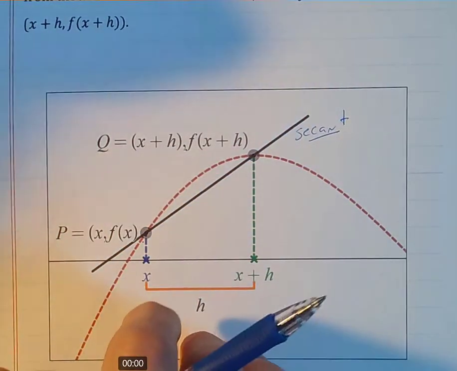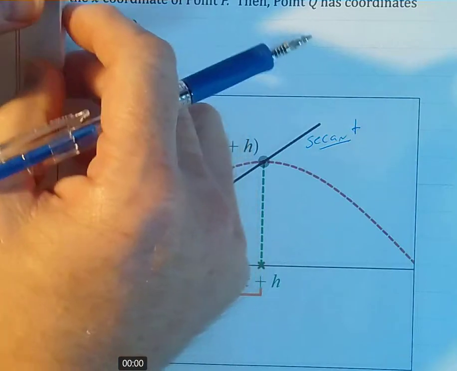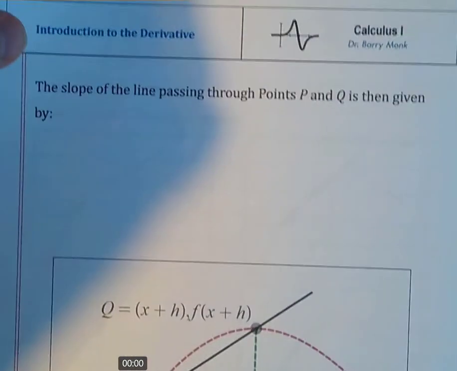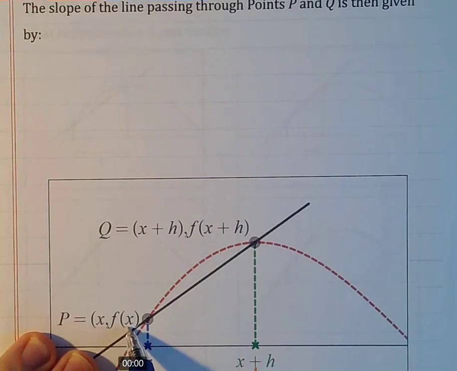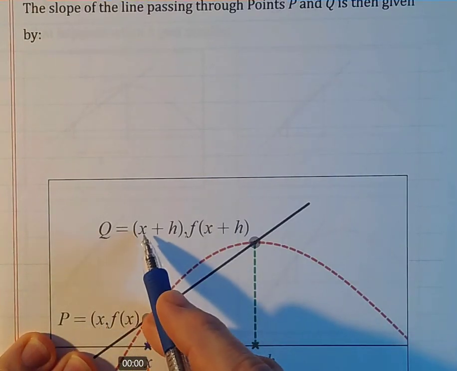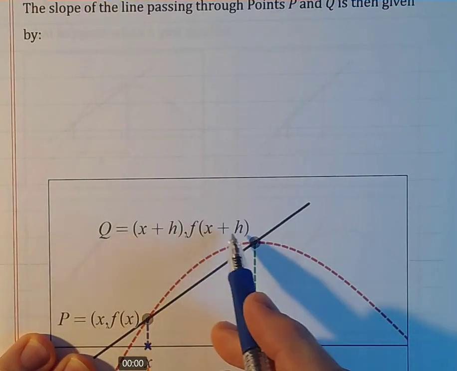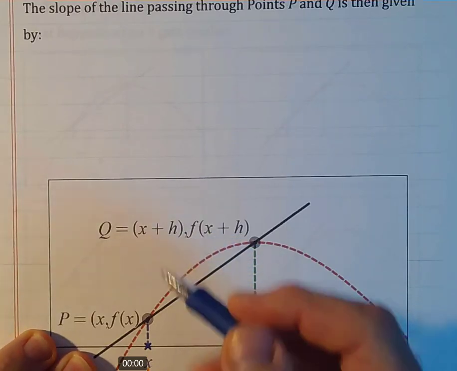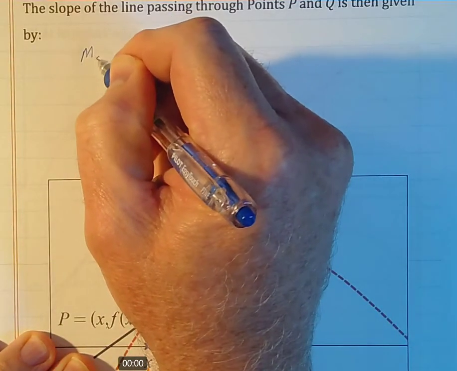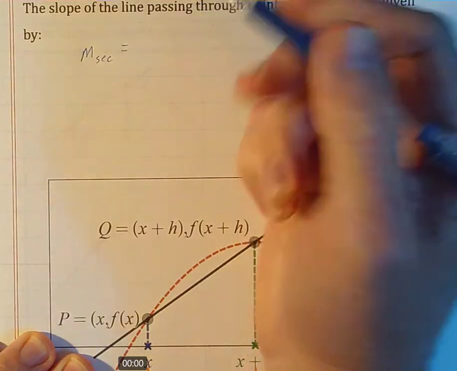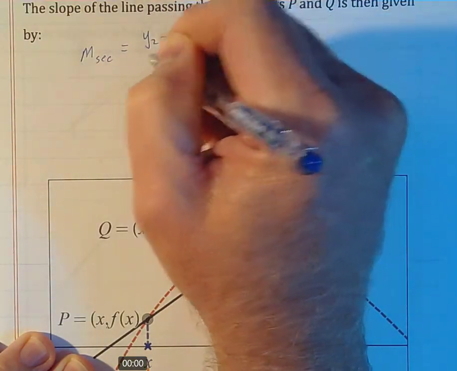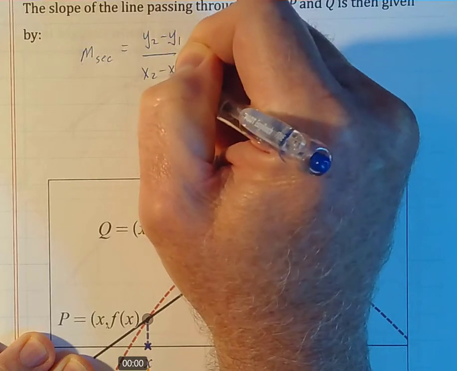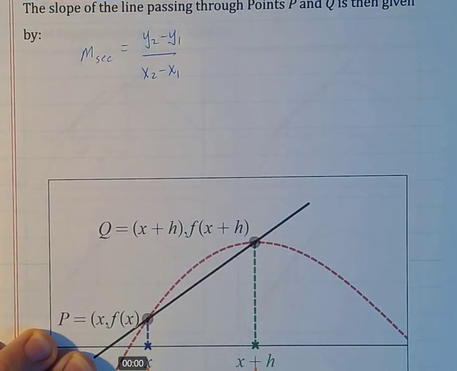Okay, so let's go ahead and see if we can write down a formula for that secant line. All right, we've got the coordinates x, f of x, and x plus h is the x coordinate here, and f of x plus h. So the slope of the secant line, well, just remember from algebra, y2 minus y1 over x2 minus x1. That's just the formula for the slope.